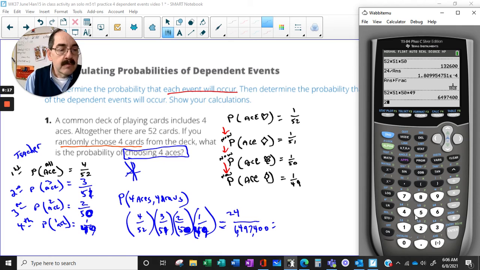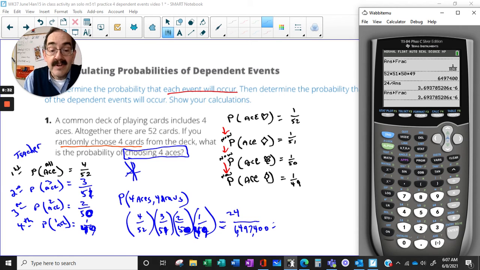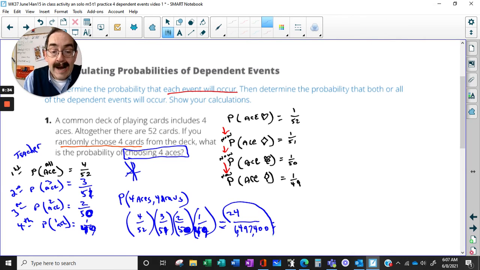So 24 divided by that crazy number gives us a really tiny number. Convert to a fraction, and it won't even convert to a fraction. Wow. So 24 times out of 6.4 million, we're going to get 4 aces.